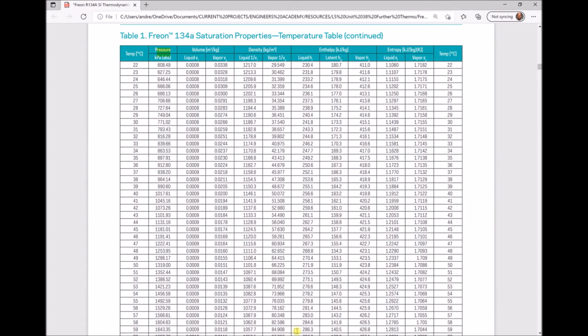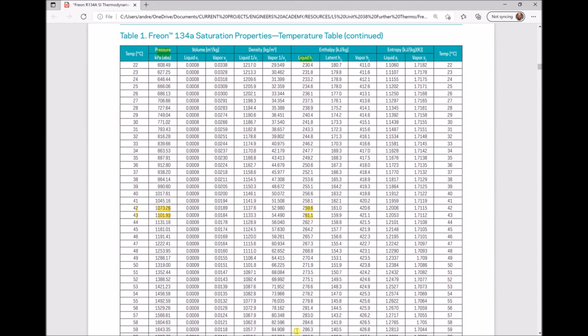And we know that our desired pressure sits between 1073.26 and 1101.93. We see the temperatures for reference, and we're interested in the enthalpy of the wet saturated vapour. Recall that that's represented by HF. And we have an enthalpy corresponding with 42 degrees of 259.6 and corresponding with 43 degrees of 261.1.